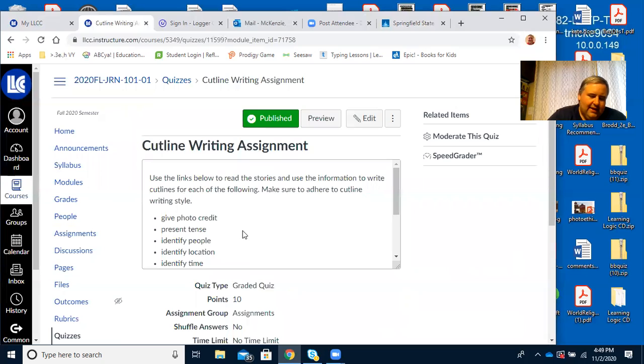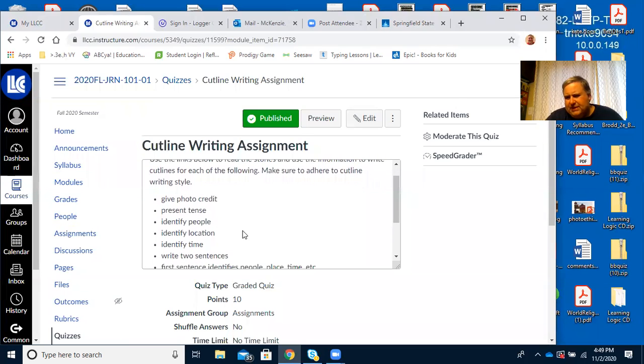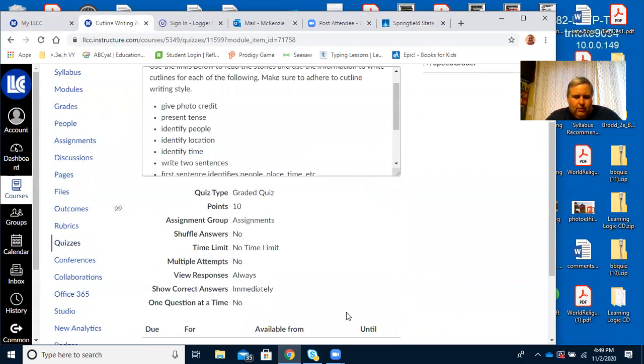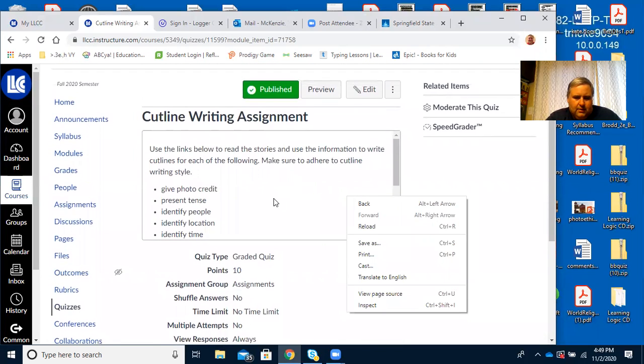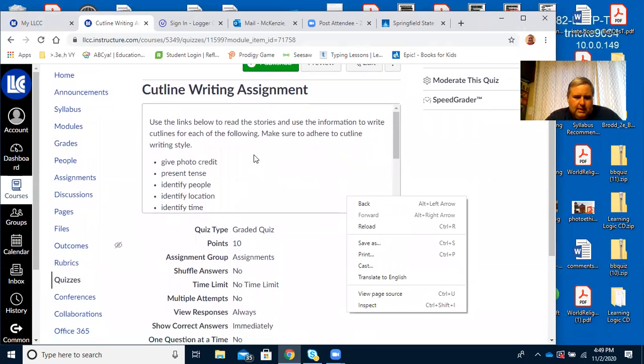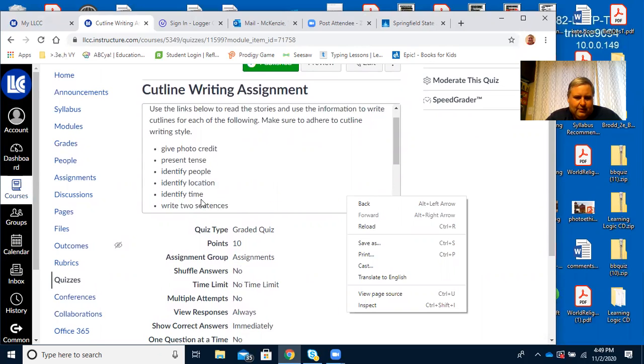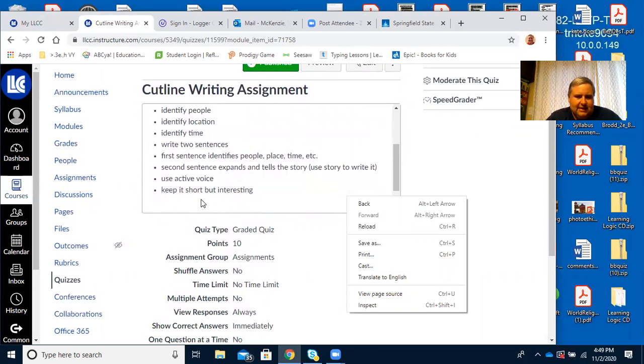It will say, give photo credit, which means you would identify who took the picture. You would use present tense, you would identify the people, you would identify the location, time, write two sentences. First sentence identifies people, place, time. Second sentence, use active voice and keep it short but interesting.